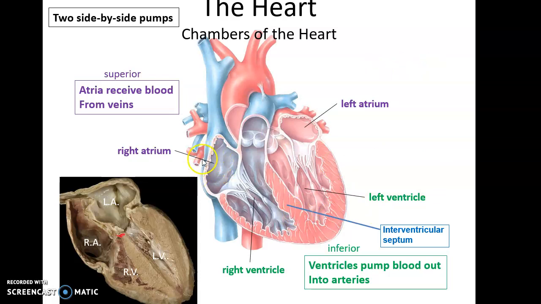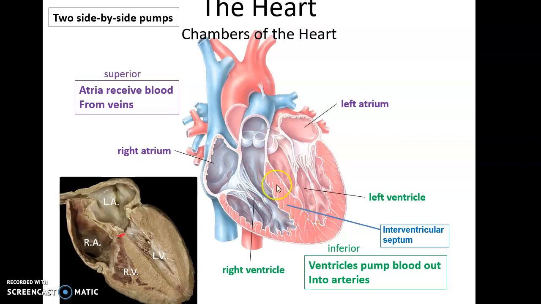And the right atrium is receiving blood from veins, very large veins, and the left atrium also receives blood from veins, somewhat smaller sized veins, but still veins carrying blood. And then, of course, the ventricles, when they contract, pump blood into arteries. So blood comes to the heart in veins, and blood leaves the heart in arteries.